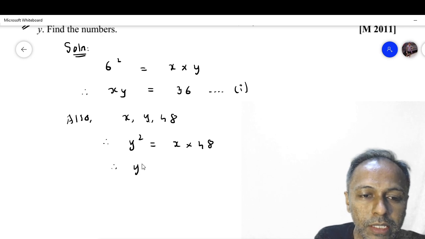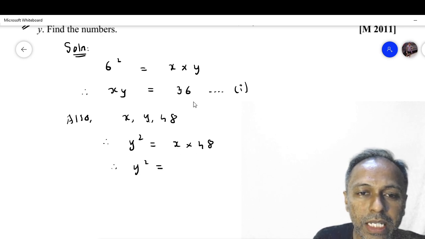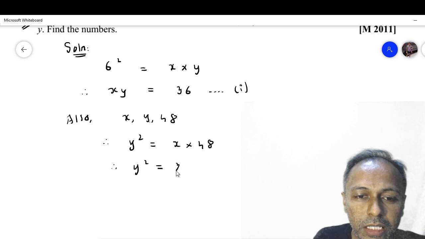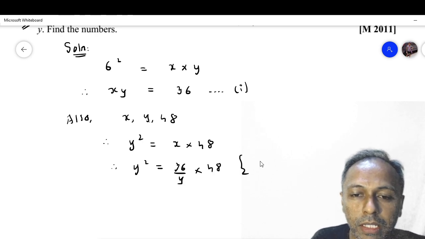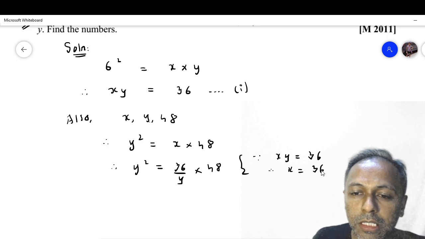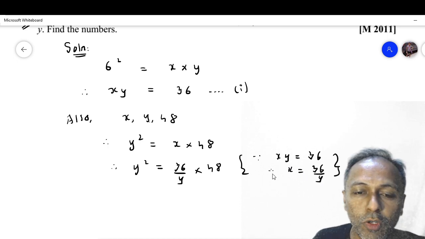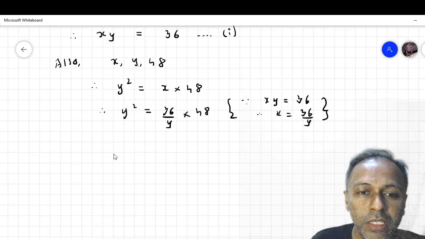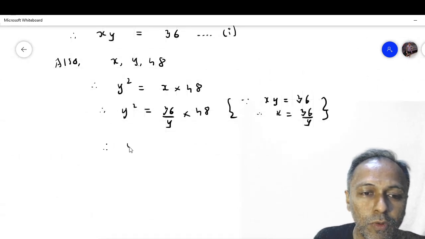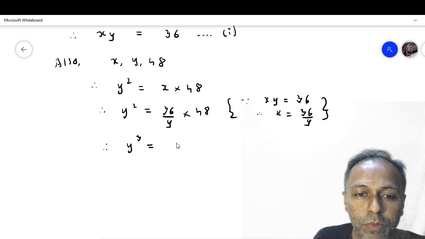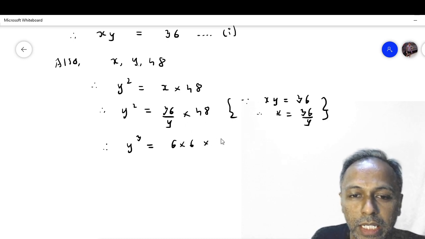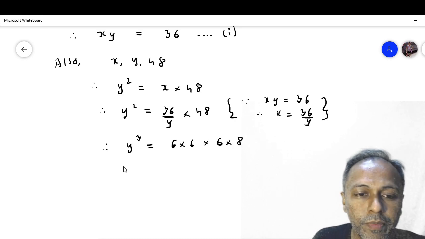Therefore y square is equal to, x can be written from equation 1 as 36 upon y, into 48. Why? Because if xy is equal to 36, therefore x can be written as 36 upon y. That is what we are substituting. This on cross multiplying will become y cube is equal to 6 into 6 into 36, and 48 can also be written as 6 into 8.